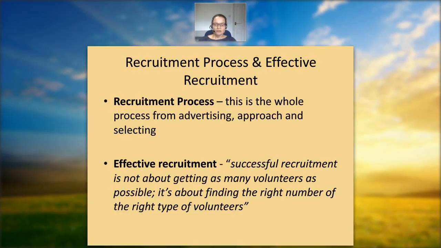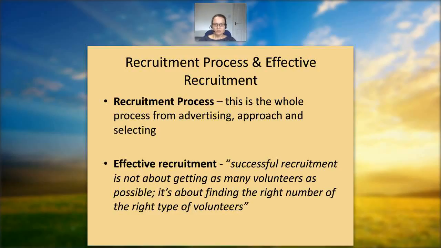So it's the whole of that recruitment process. It doesn't cover the induction process side of things. It is thinking about advertising, recruitment, selecting.